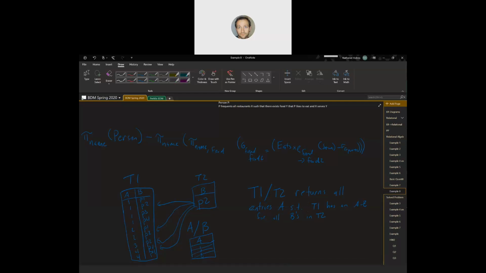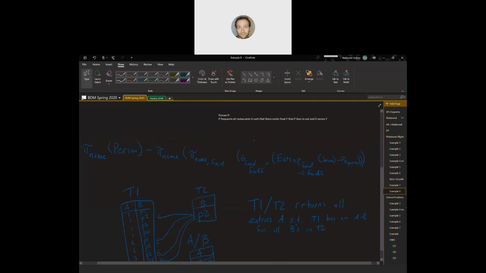So this is sort of the type of query that we're trying to realize here. This would be the restaurants that people frequent, and this would be the people and the restaurants that they go to and the foods that they eat.